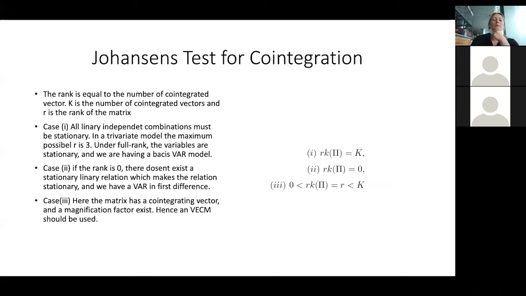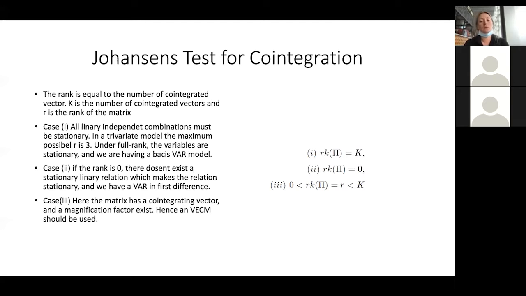So Johansen's cointegration test works by testing for how many cointegrating vectors there are, and in this case the maximum rank is 3 because we have 3 variables.